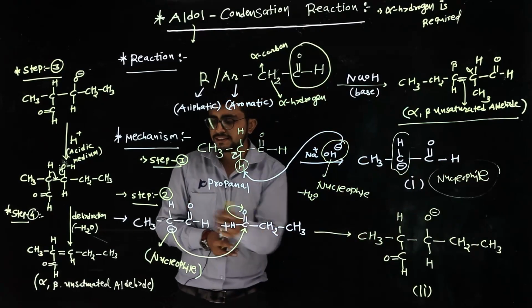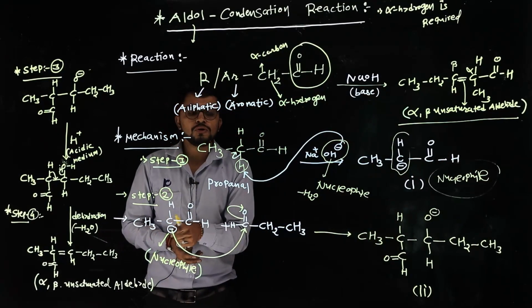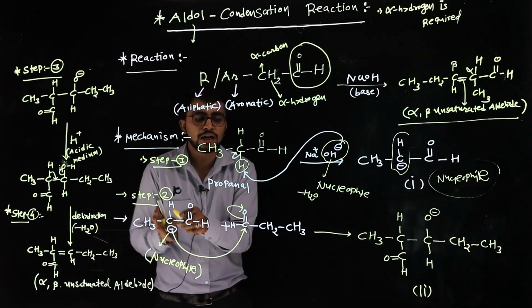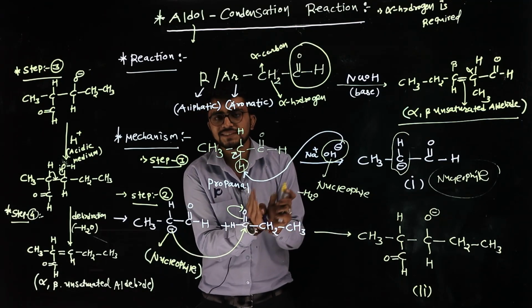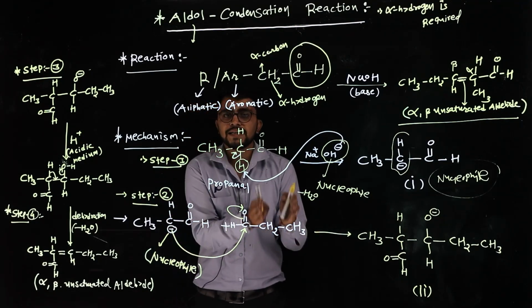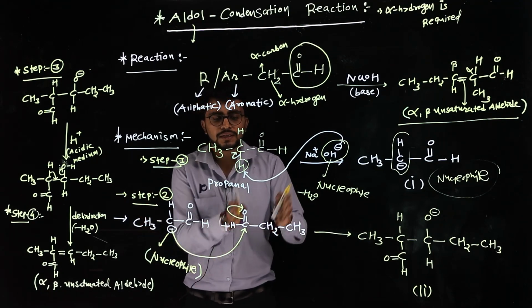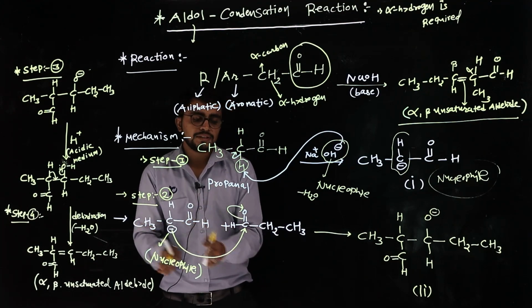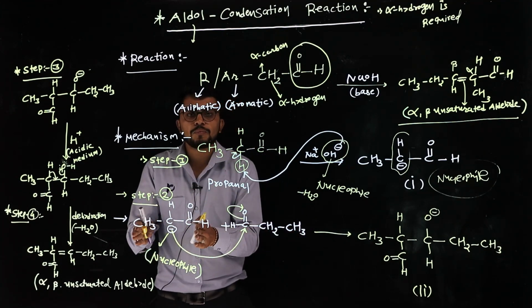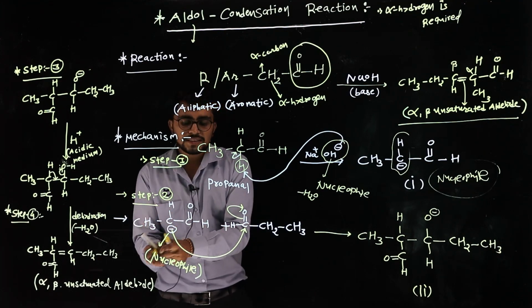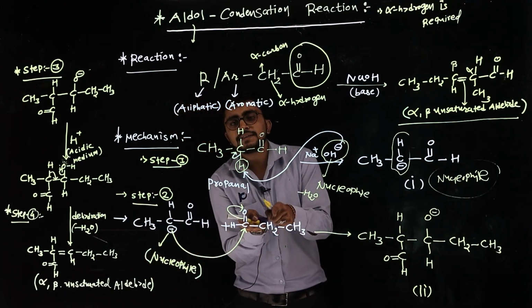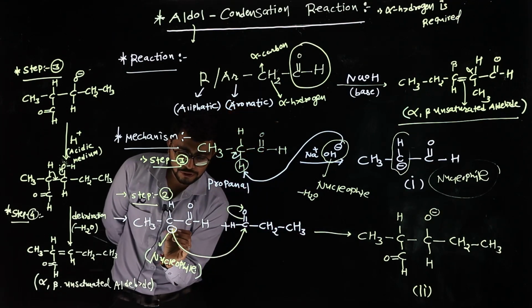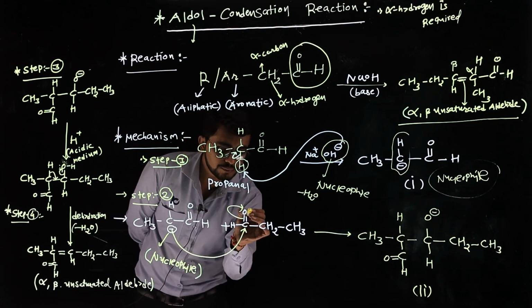Step number 1 is done. Then what is step number 2? In step 2, this carbon nucleophile reacts with another aldehyde group. These are the same aldehyde, both propanal. The first propanal compound reacts with another propanal. The nucleophile's negative charge attacks the carbonyl carbon.